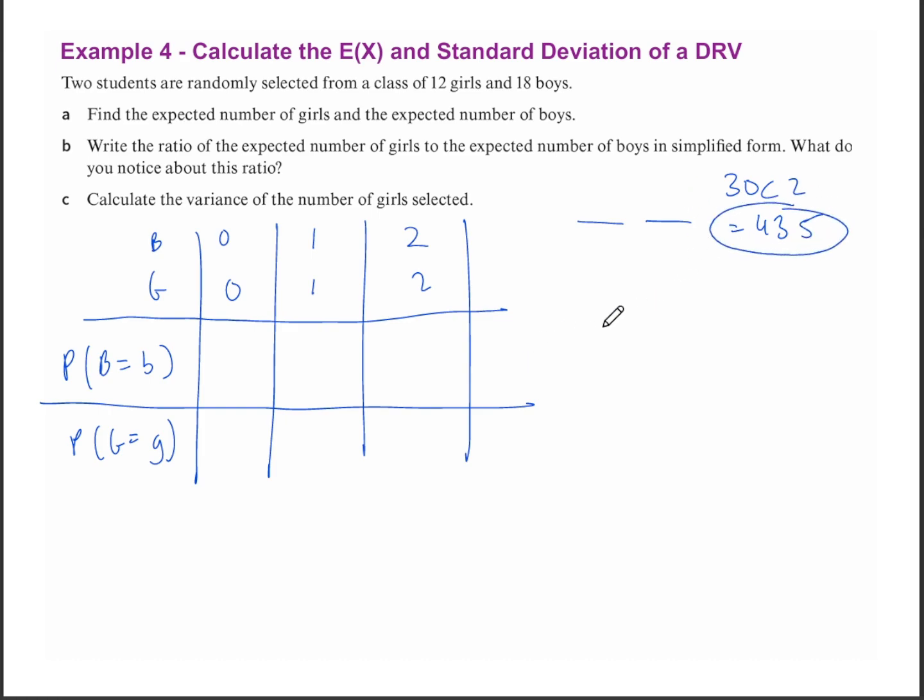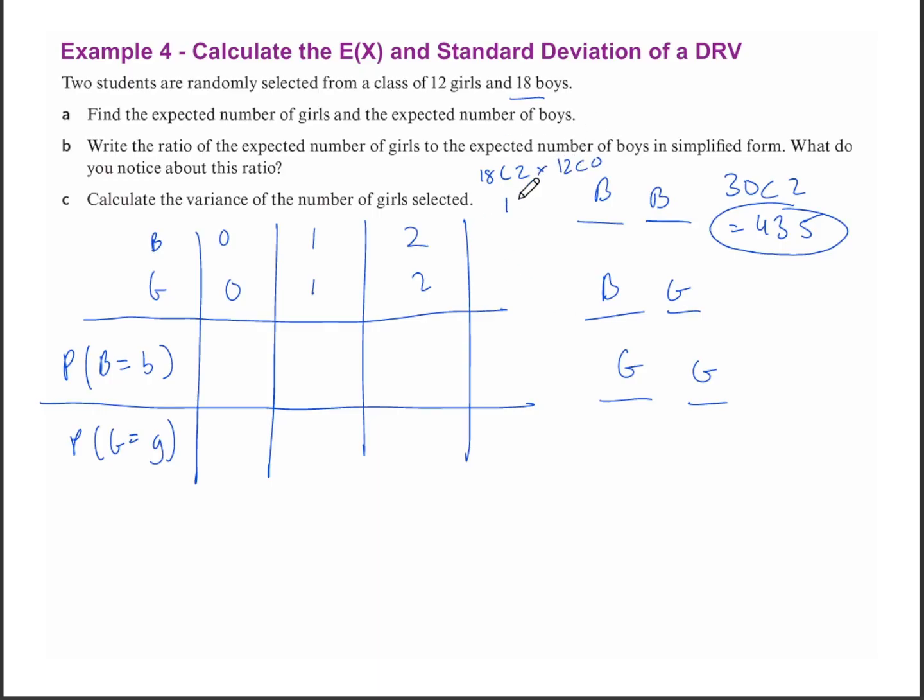Then we're going to have 3 scenarios. We have one with both boys, one with 1 boy and 1 girl, and one with both girls. When we have both boys, we're selecting 2 boys from a group of 18, so 18 C2. And we're selecting 0 girls from a group of 12 girls, so 12 C0.